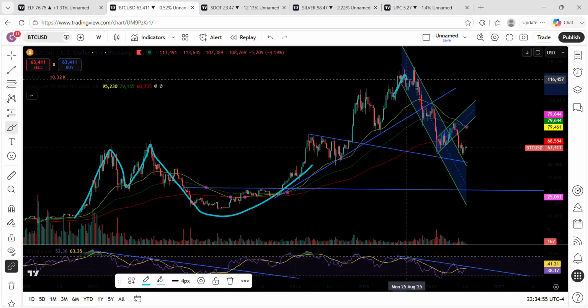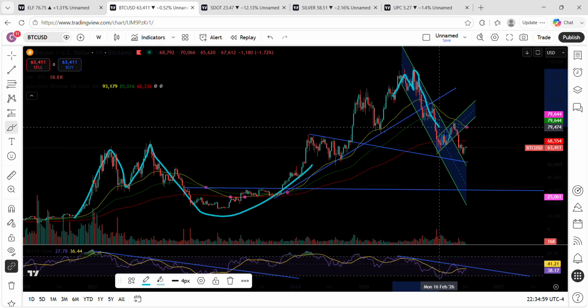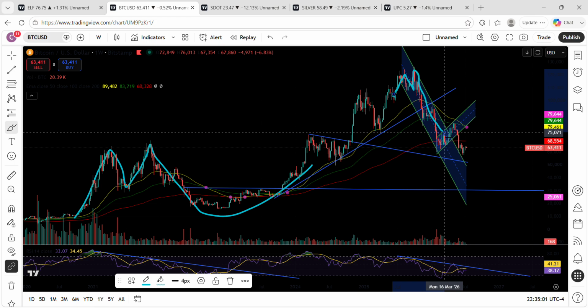We went up, down, up, and then look at the decline we're currently seeing in Bitcoin, all from the M-top. So M-tops, very bearish, very bearish. And so those are two examples of the M-tops from a longer term time frame.